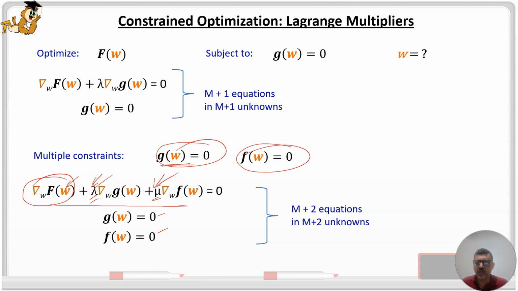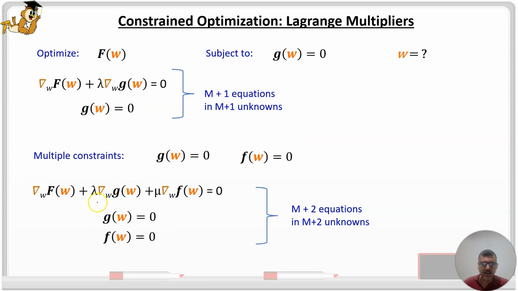If you wanted to dig in a little bit deeper as to why this happens, effectively what's going to happen is that if you had f that you were trying to minimize or optimize, and if you had these two constraints, together they would create a hyperplane.